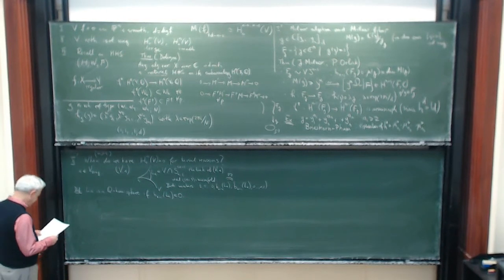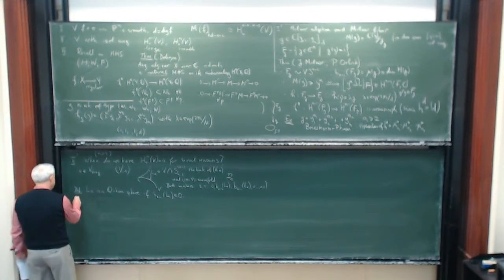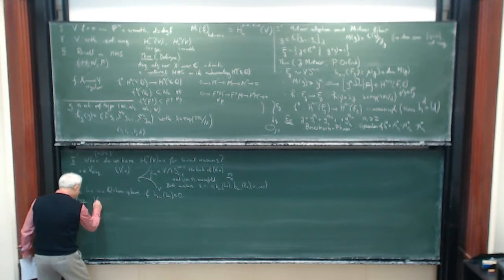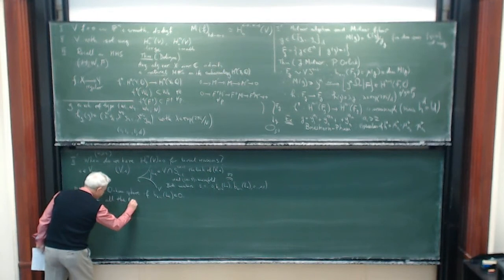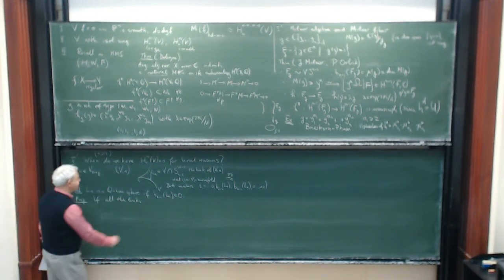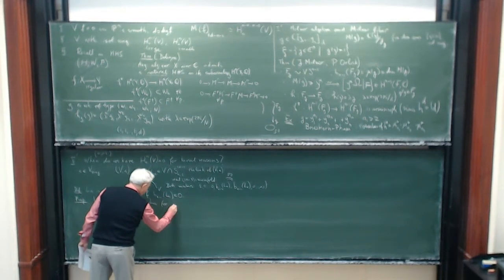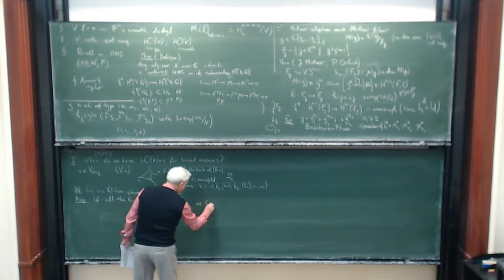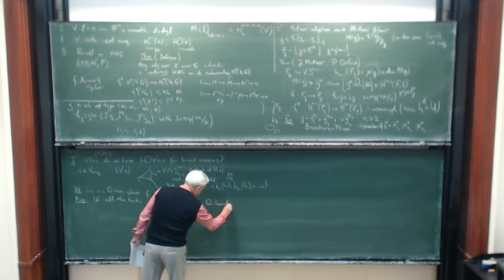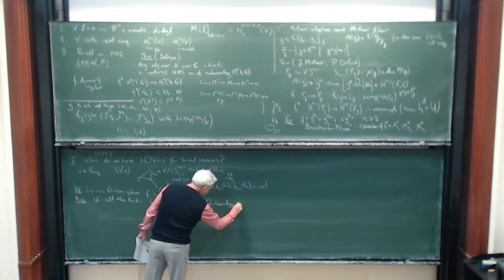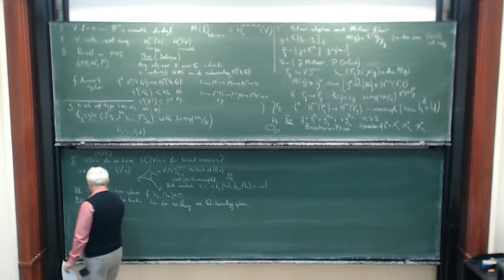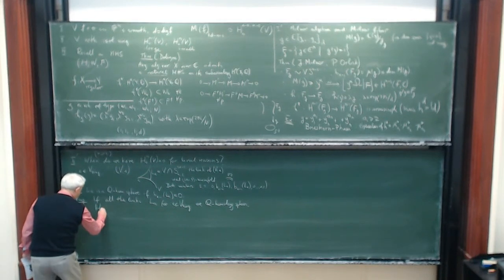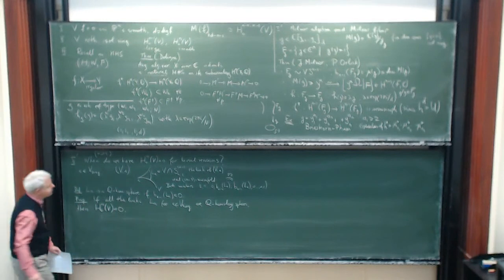And so with this definition, we have a fact that if all the links L_A, for A in the set of singularities of E, are cohomology spheres, then the corresponding primitive group is equal to 0.